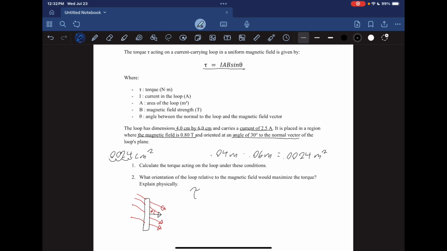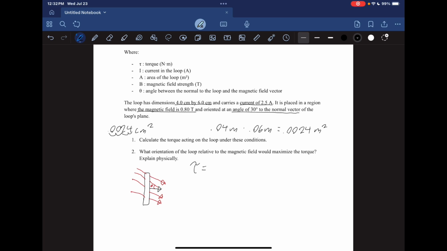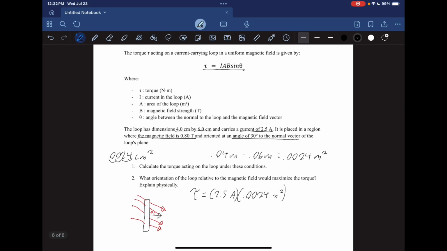Okay, so now we have our area in meters squared. So we have torque equals the current, which is 2.5 amps, times the area in meters squared, which is 0.0024, times the magnetic field, which is 0.8 Teslas.